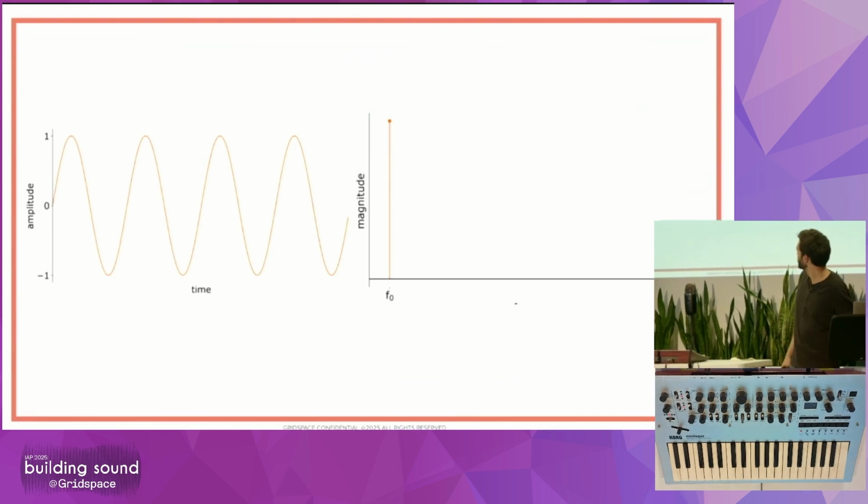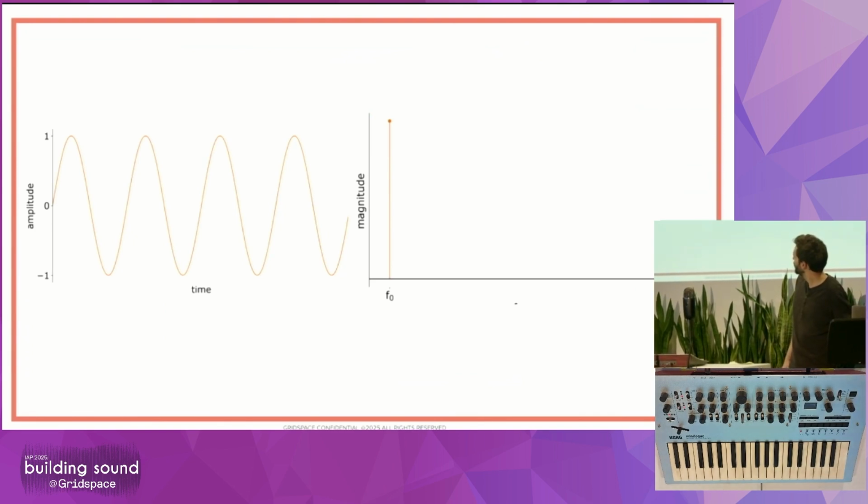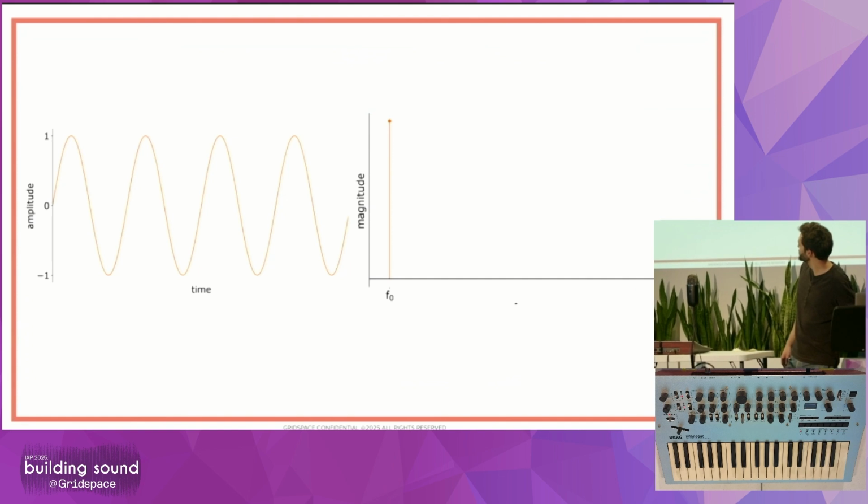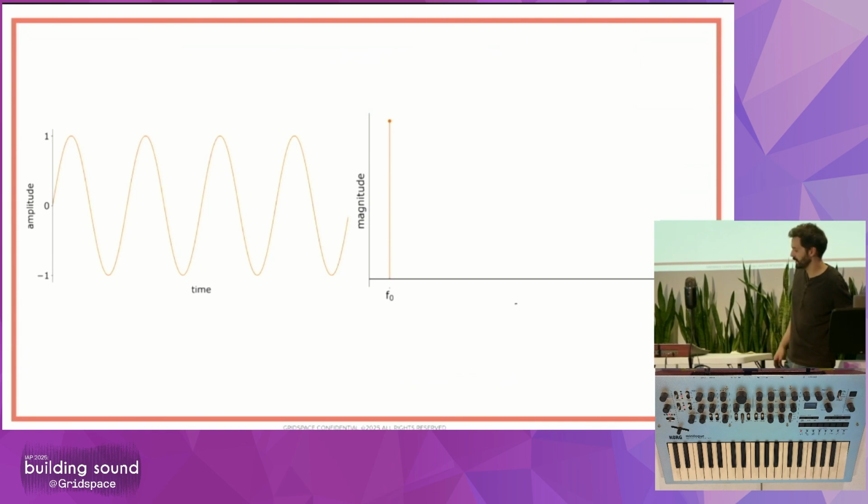So this is our friend, the sine wave. This is the time domain graph of the sine function on the left, and on the right is our harmonic diagram of it. You can see there's just an impulse at the frequency of the sine wave and no other harmonics.